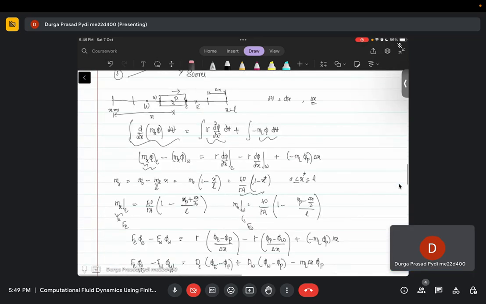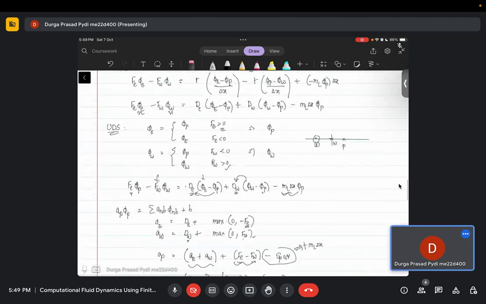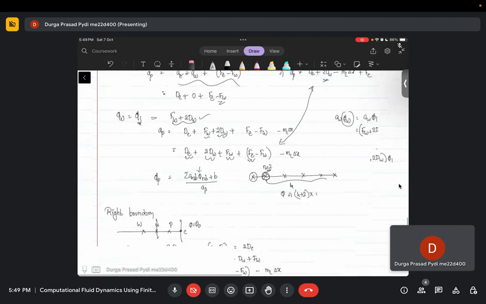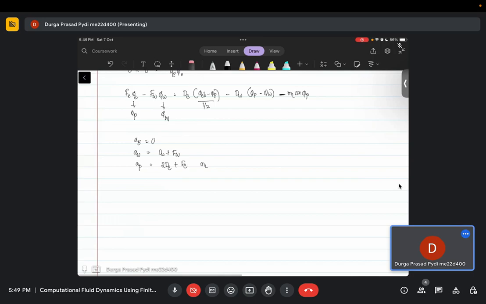It's minus, right? If you take it to the left hand side, it will go to plus. So if I write it on the other side, I have ML delta X, and for the west term, plus dW. The remaining terms will go into your B. So I have 2 dE times phi EB. That is essentially 2 dE times phi 0.